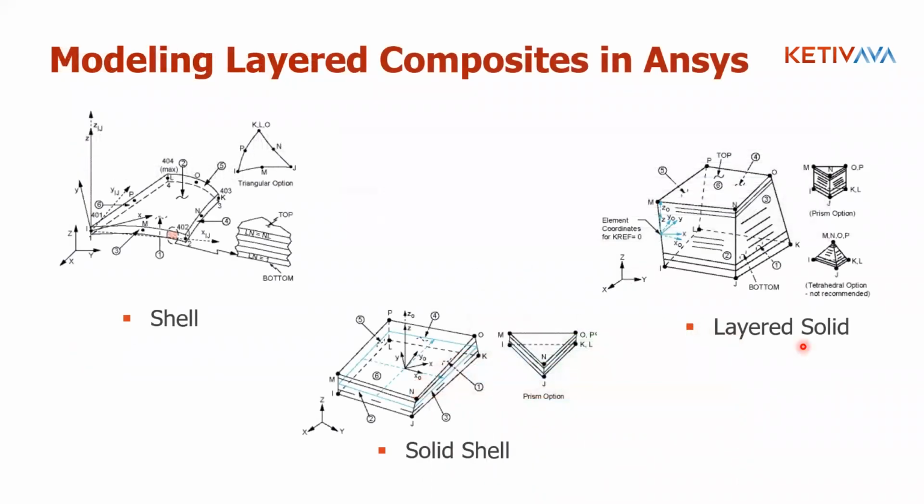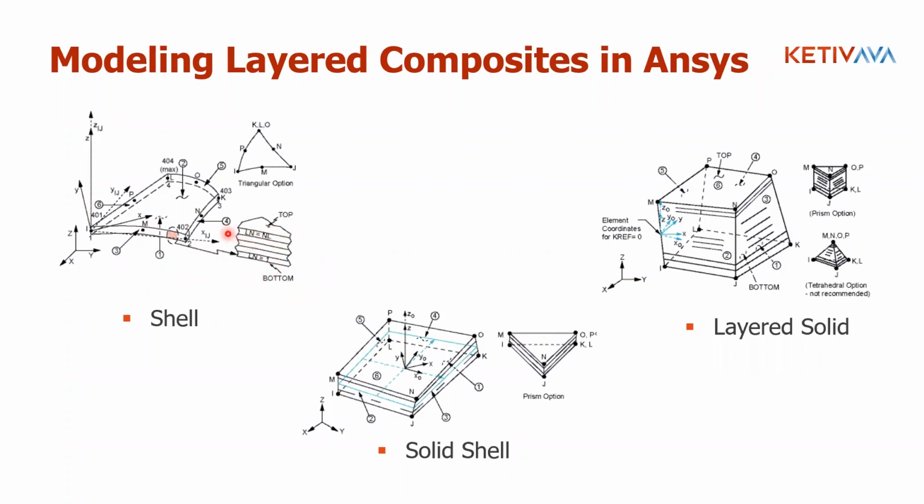So in Ansys, there are several ways you can define a layered composite. You can use just the regular shell element, okay, which is a planar element, and then for each element, you define your layer number 1 on the bottom, all the way to layer number n at the top.